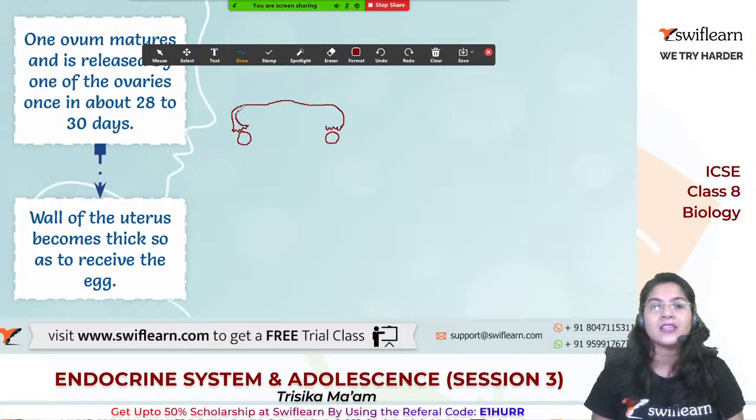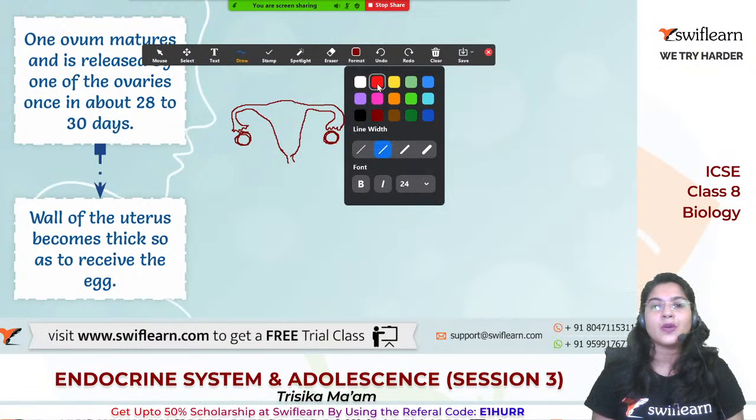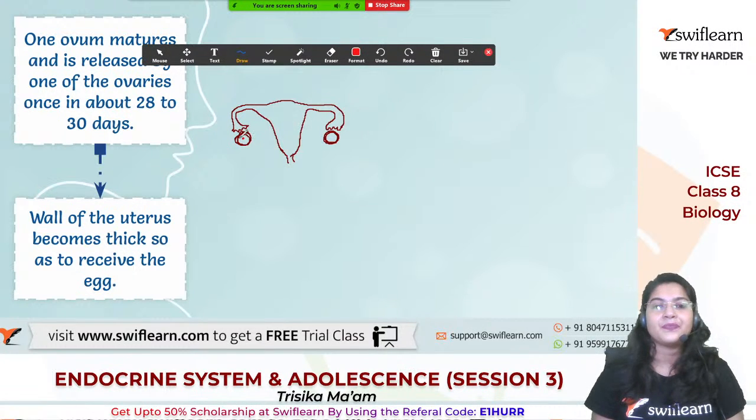There is a funnel-like, tube-like structure coming from each of the ovaries. Each month the egg will be produced from any one of the ovaries. Say this is the right ovary and this is the left ovary. If the egg is produced from the right ovary in one month, it will go through this fallopian tube. The next month the egg will be produced from the left ovary.